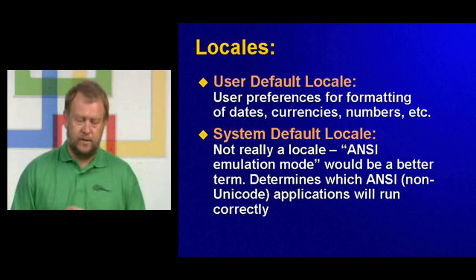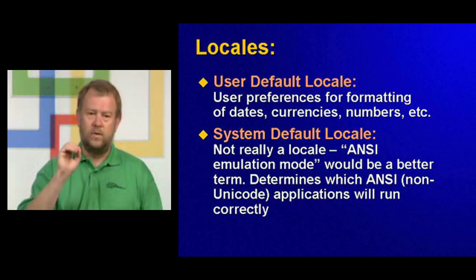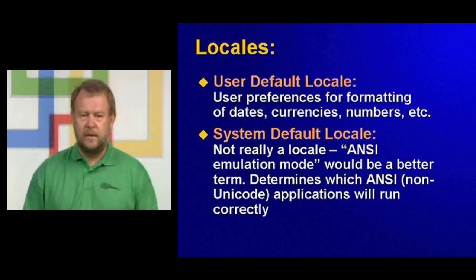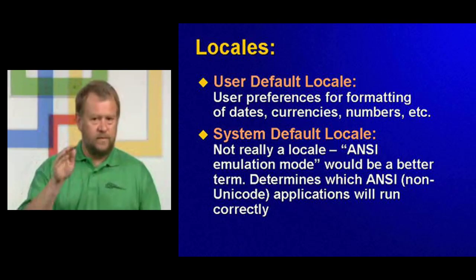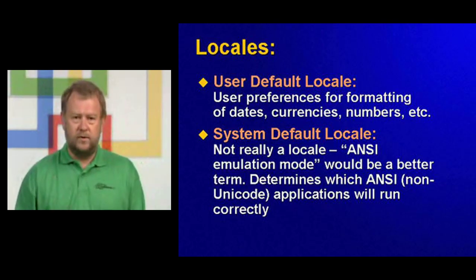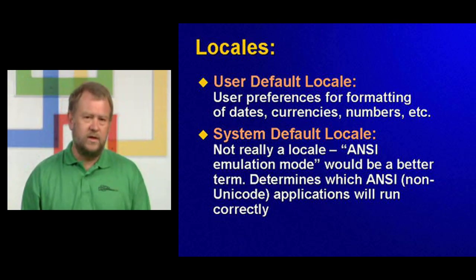And we'll see this in the demo, where you can set the way the system formats numbers or currency, date and time for you, the way it sorts text strings and so on. That's called the user default locale, and it's also overridable by the user himself or herself. The second way that we use it is really not a locale. We have something called the system default locale, and we'll see that in the demo.